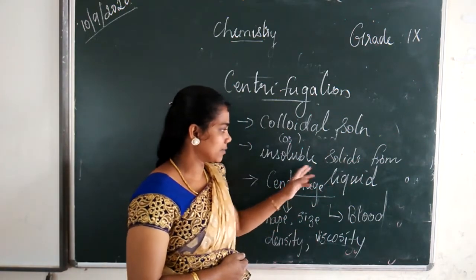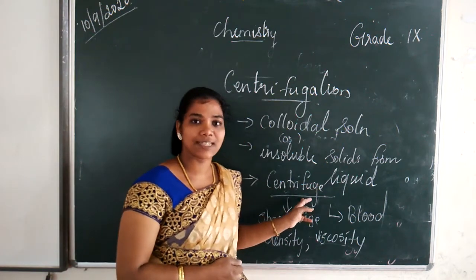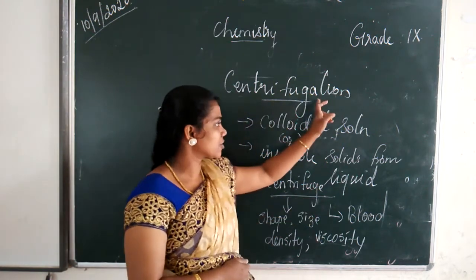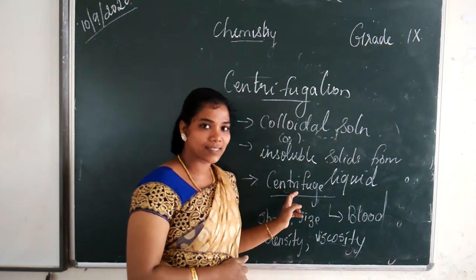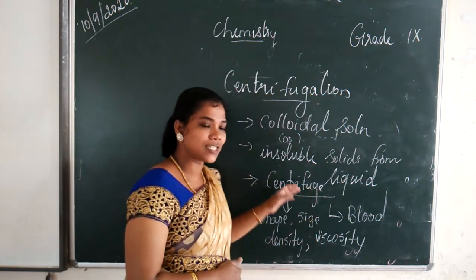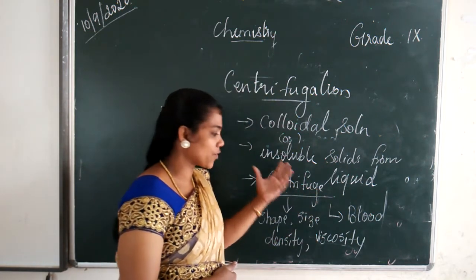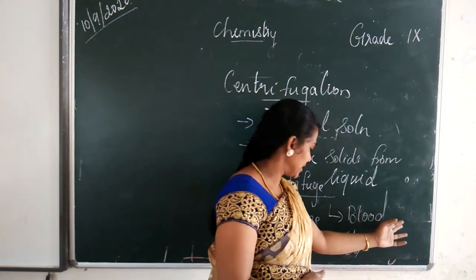So centrifugation is done with the help of the apparatus called a centrifuge, which is commonly employed for the separation of components from blood as well as urine samples.